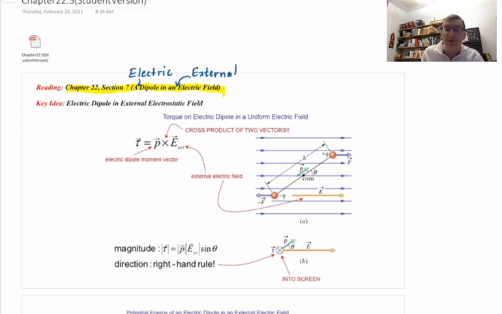All right, so look first at what I've got here on the schematic picture on the right-hand side. We've got the positively charged particle, plus q, and then there's the negatively charged particle, negative q, and they are separated by some distance d. That is the electric dipole.